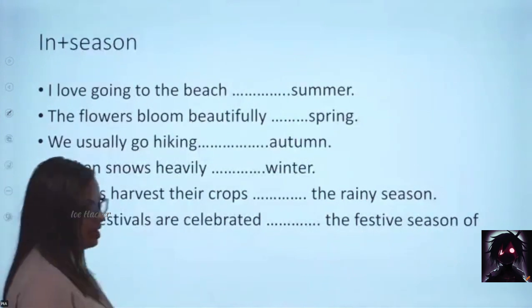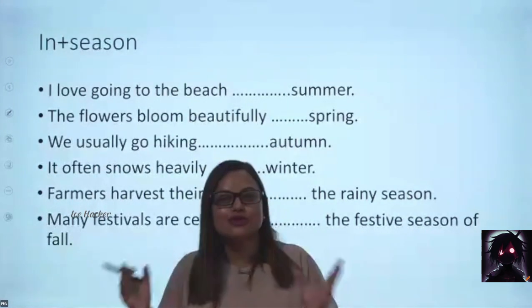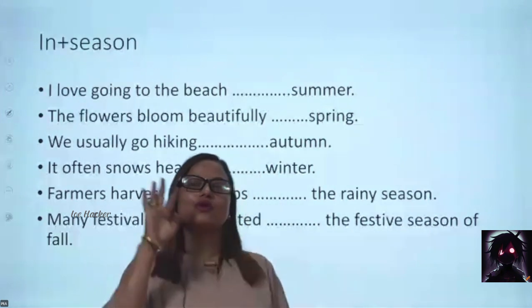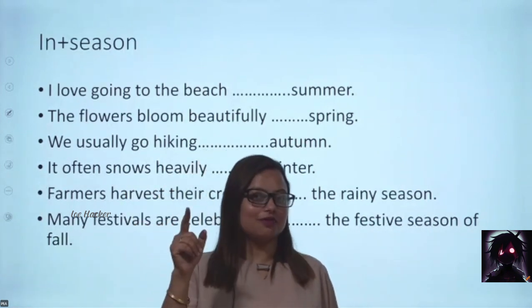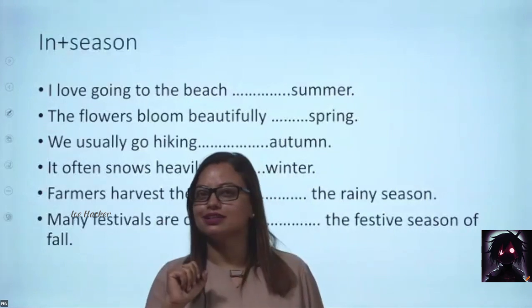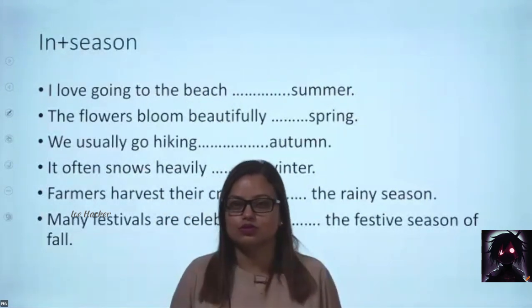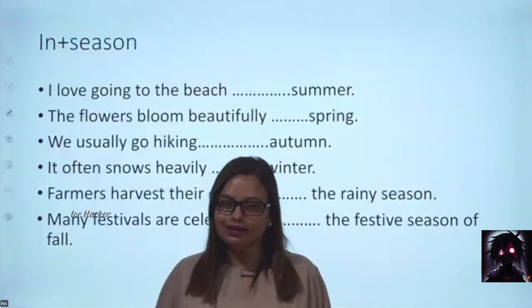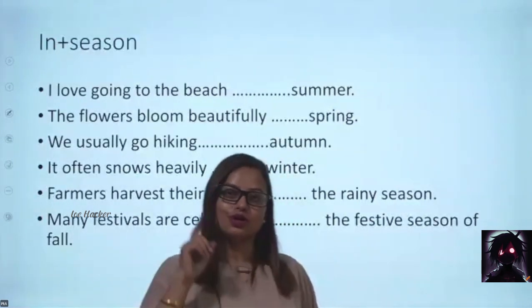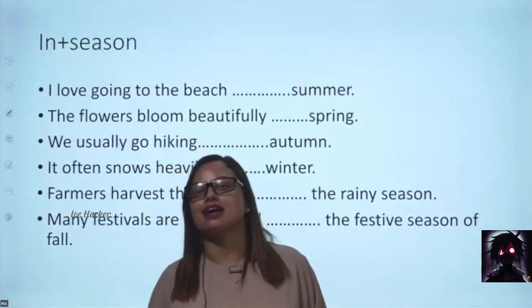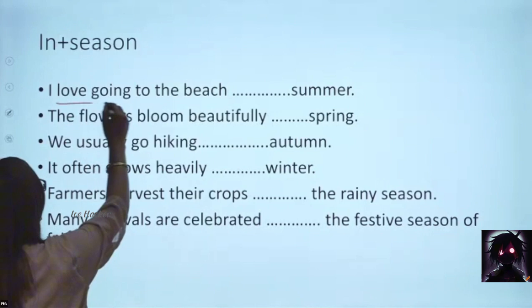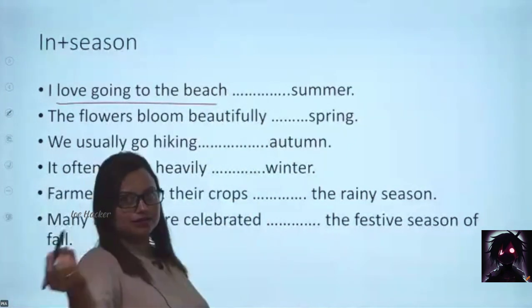Let's go for another: "in" plus season. All of you know, which is very easy, right? We have four seasons, spring and autumn. So all these are the names of the seasons. And seasons are always followed by "in". So do not forget to keep "in" in front of your season. Now look here. I love going to the beach in summer.